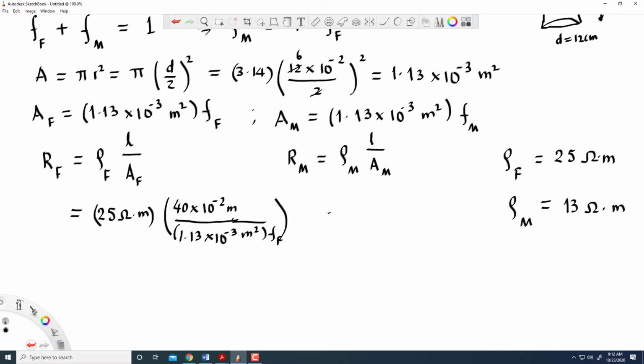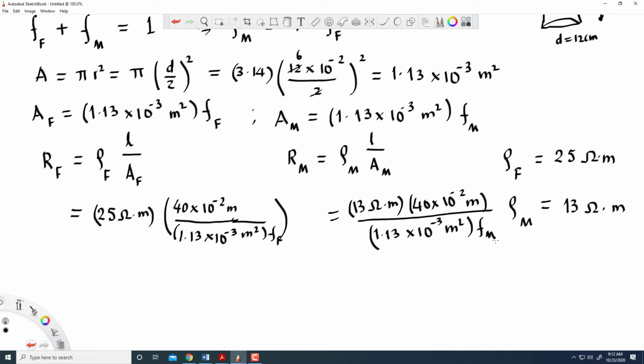Likewise, we can find the expression for resistance offered by muscle. So rho of muscle is 13 ohm meter, length is 40 centimeters, that's the length, and the area of muscle is 1.13 times 10 to minus 3 meters squared times Fm.